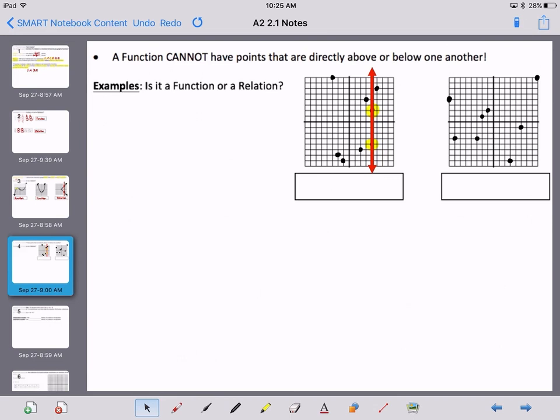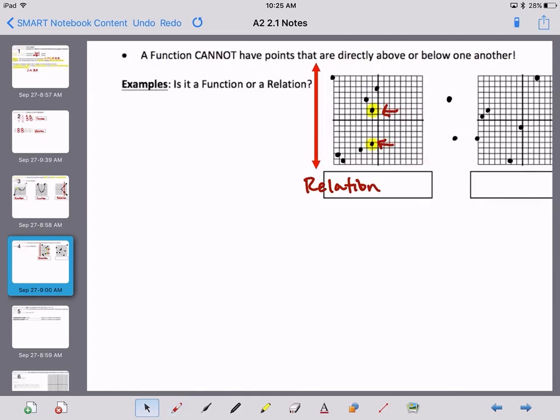That is going to fail the vertical line test because they're saying if you plug 4 into this function, you might get a positive 2 out right here, but if you plug 4 in, you might get a negative 4 out. So that's not a function. That is only a relation.